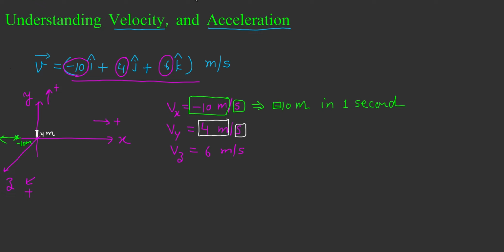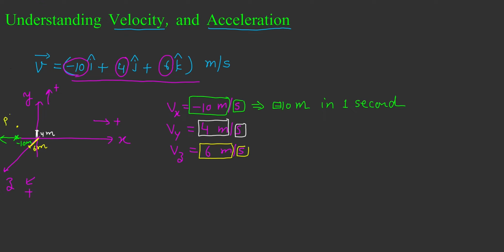And similarly, if you look at the z component of the velocity, it is 6 meters per second, meaning the object will move 6 meters in 1 second, right? So in the z direction the object will move again in the positive direction, 6 meters. Suppose this distance from here to here is the 6 meters. The object would have moved this distance in 1 second. So after 1 second the object would be somewhere here.